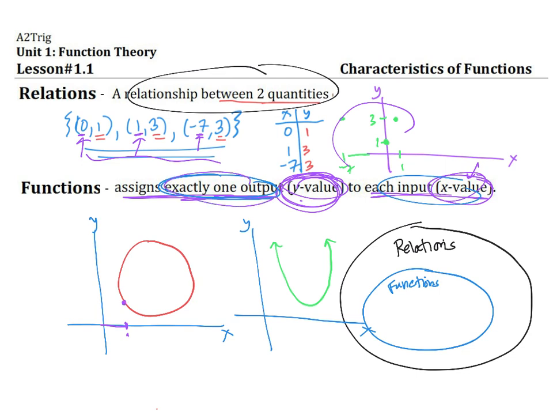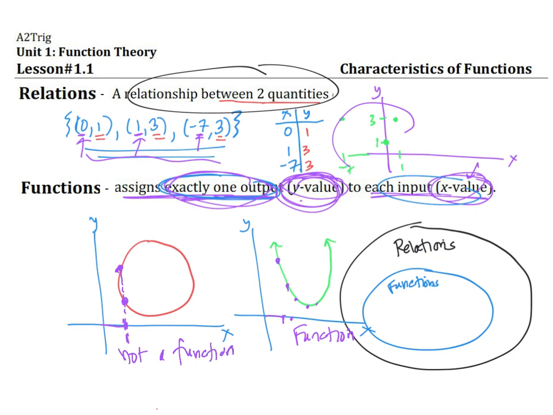Do I have exactly one output for, let's say this is a 1? No. If I look up here, I have two output values. So therefore, a circle does not represent a function. A parabola, on the other hand, if I go across to an x value, it's only going to have one y value assigned to it. So a parabola is a function, and a circle is not a function.